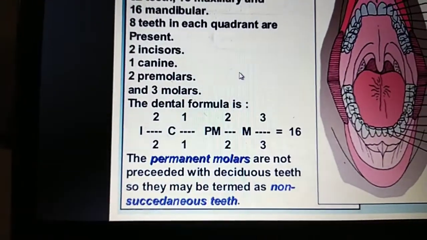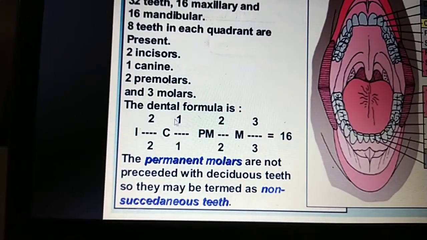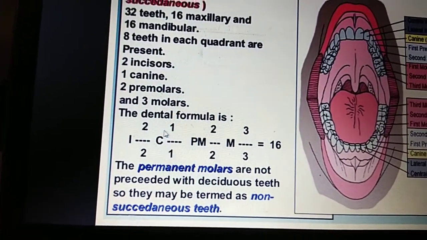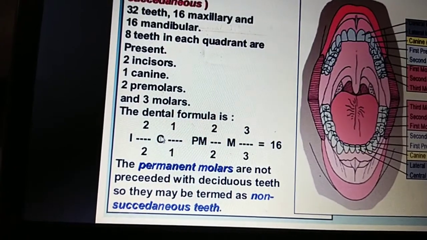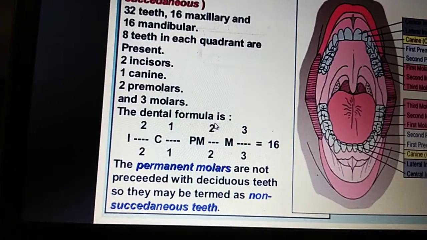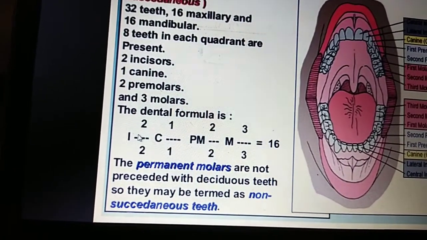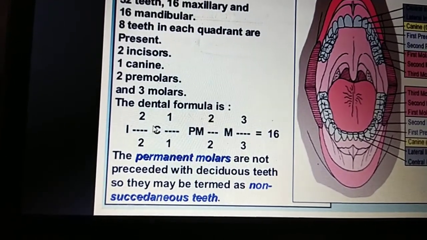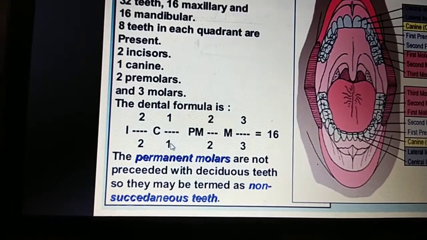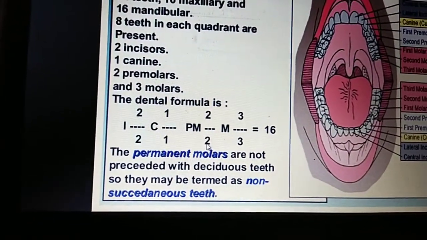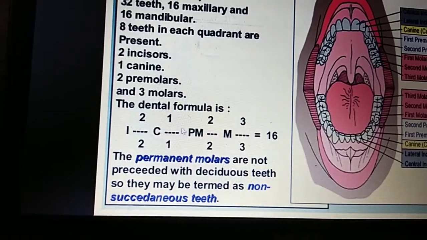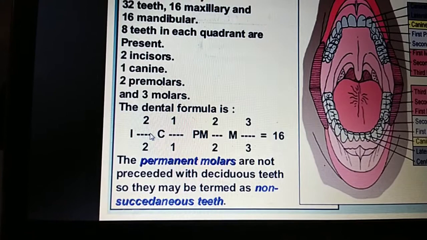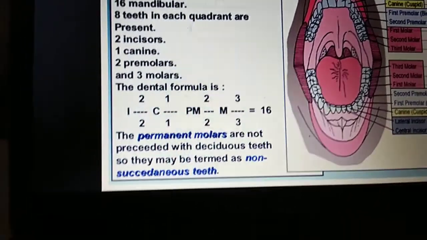The dental formula for the permanent dentition is: 2 incisors, 1 canine, 2 premolars and 3 molars. Maxillary and mandibular, incisors 2 and 2, canine 1 and 1, premolar 2 and 2, molar 3 and 3. The formula for the permanent dentition is 2 1 2 3, total 16.